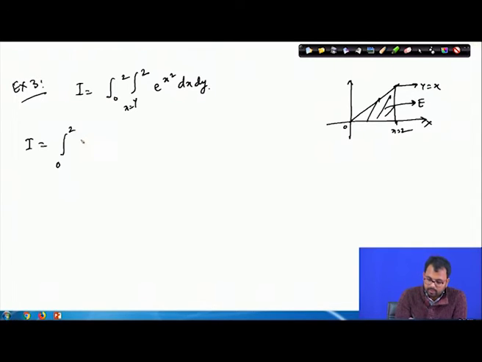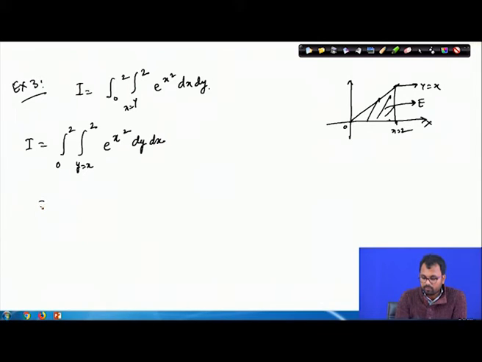And then x will vary from 0 to 2, and then y will vary from x to 2, and then we have e to the power x square dy dx.